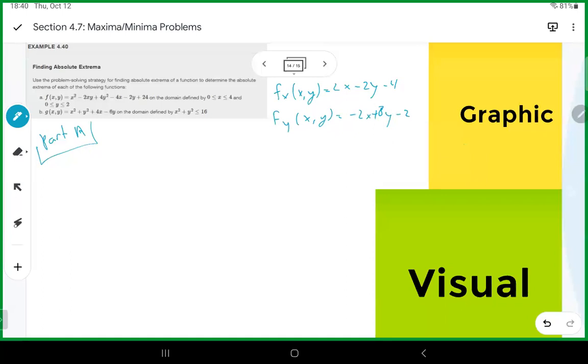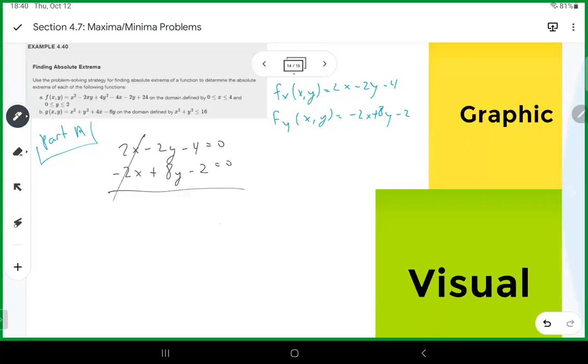All right, and then obviously solving the system is set up very nicely.